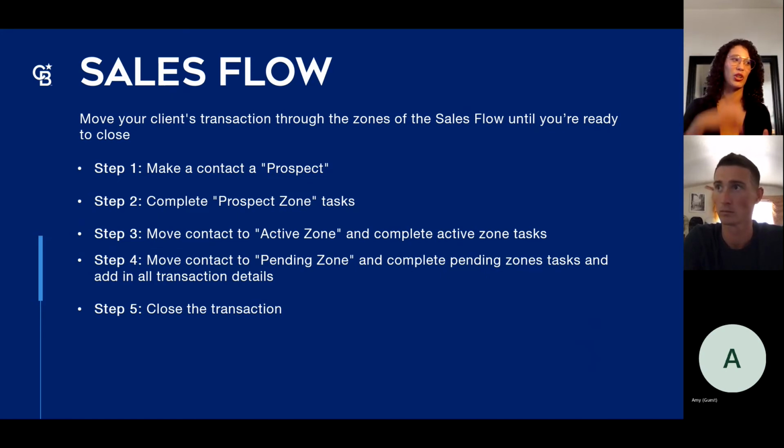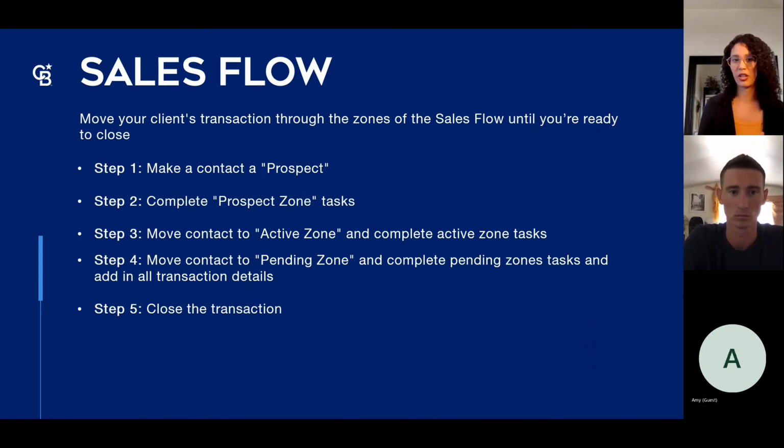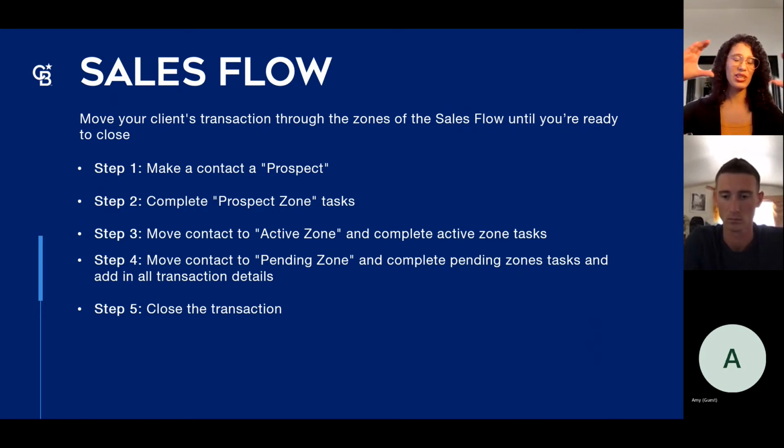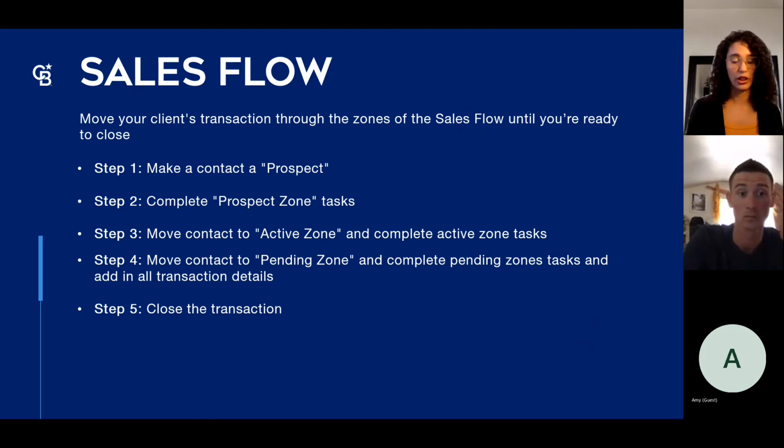So the fact that you're always on top of those zones will make sure that you're always top of mind, their primary agent, and they're going to see that you are their community expert. But those zones won't help us out if we don't communicate with the program. So you could just go in once a week, start getting used to that, and start organizing your contacts that way. And that way, that sales flow or that stay in contact will be a lot more beneficial for you.